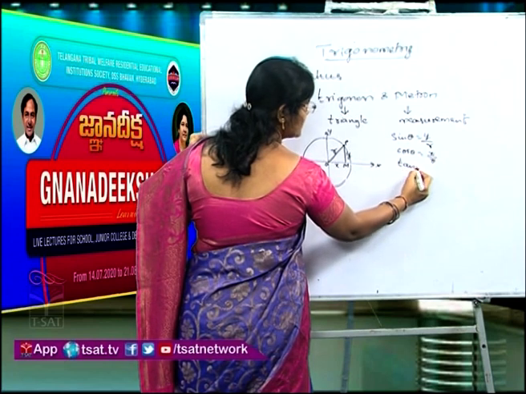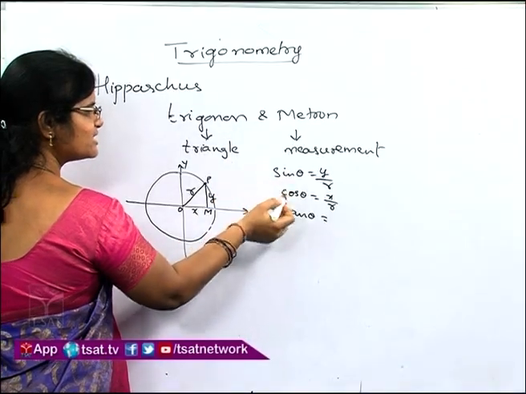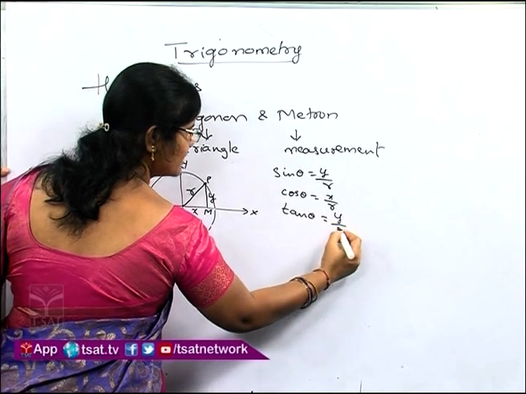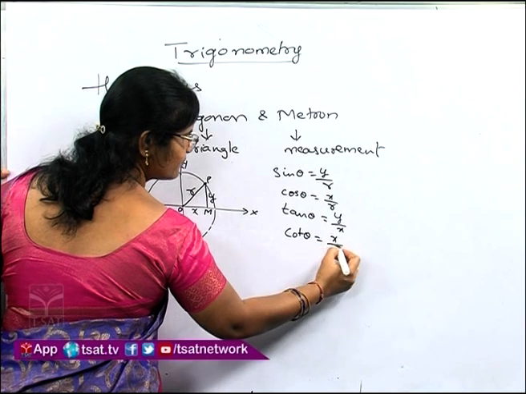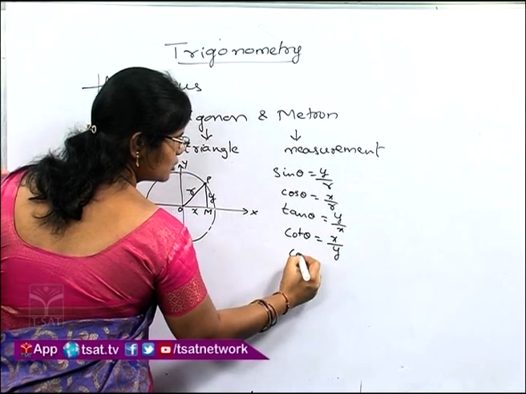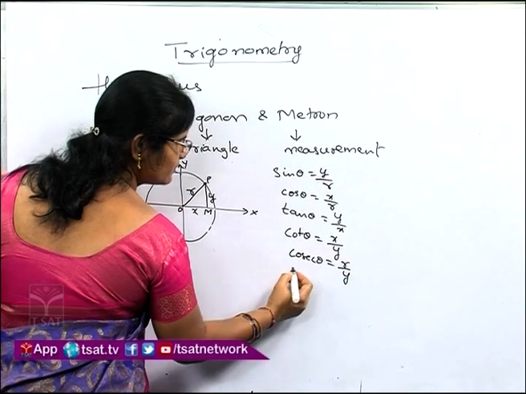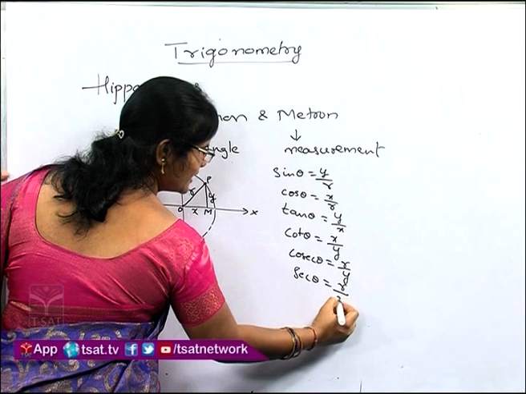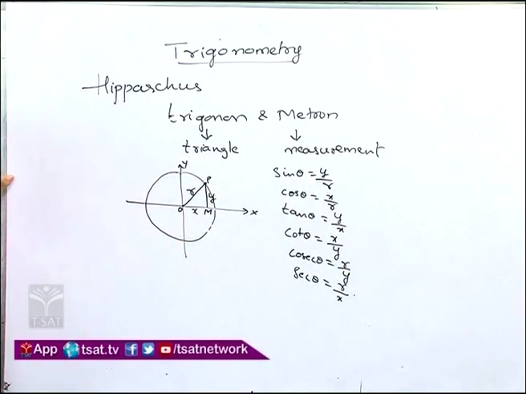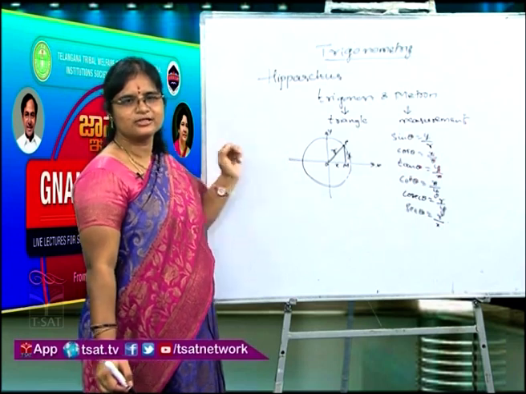Tan theta equals opposite side by adjacent, or sin by cos, that is y by x. Cot theta is the reciprocal of tan, cosecant theta is the reciprocal of sine, that is r by y, and secant theta is the reciprocal of cos, r by x. In this way we can define 6 trigonometric ratios.